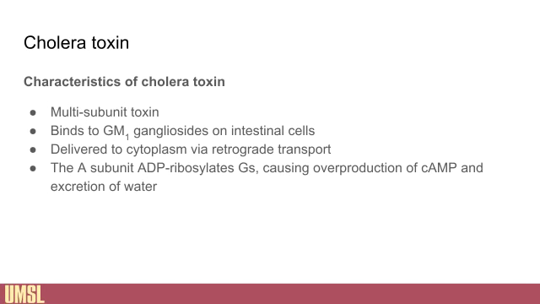These binding interactions of toxins are often with different types of gangliosides that are on different types of host cells. In this case, these GM1 gangliosides are found on intestinal epithelial cells. So, unlike our previous examples, this is our first example where this toxin is delivered to the cytoplasm via retrograde transport.